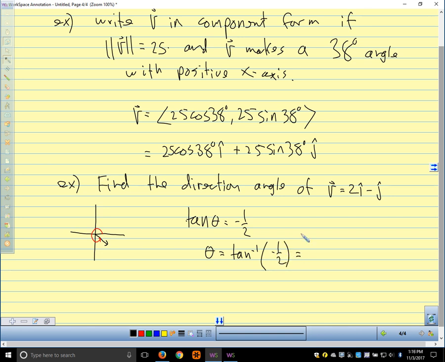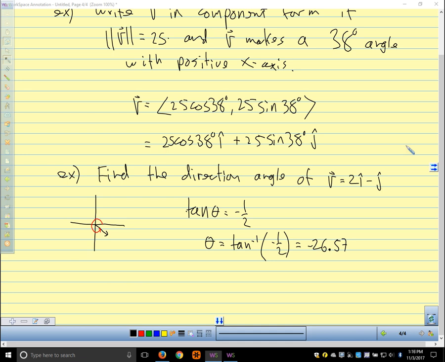And my calculator says, oh, the domain restriction on the tangent function for it to have an inverse is negative pi over 2 to pi over 2. So it's going to give you negative 26.57. Well, we want that angle in standard position, counterclockwise from the positive x-axis. So what do we do?